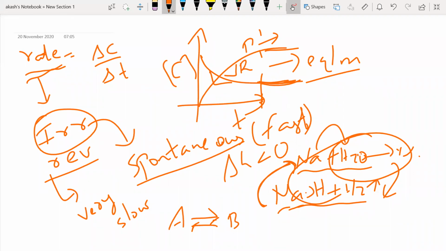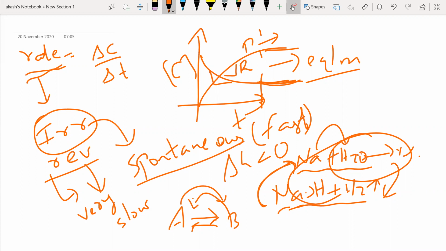As I told you, all reversible reactions are going to be very, very slow. That means conversion of A to B is so slow that at any point of time, B can also start forming A. And that is also going to be slow, obviously.